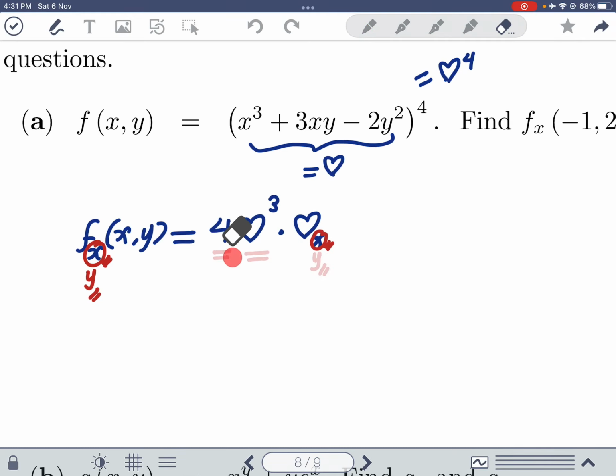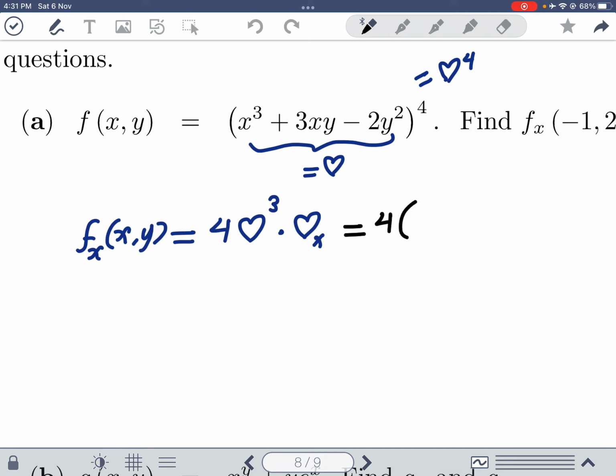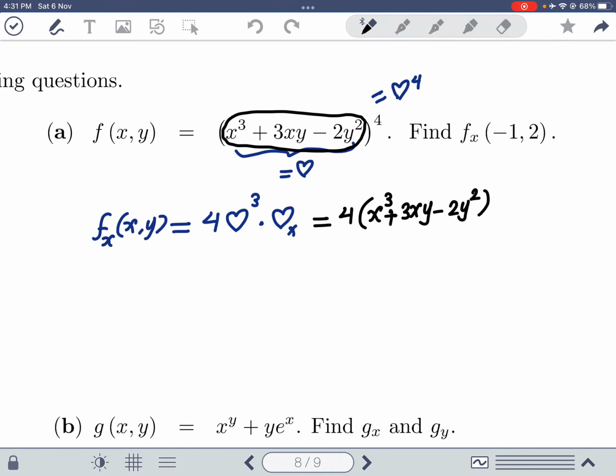So, yeah, let's go back and just evaluate and finish this part, because this is actually a very simple question. So now this will be 4, and now heart, we called this heart, the stuff here. So it's x cubed plus 3xy minus 2y squared, that's heart, to the power 3. You see, 4, we wrote it here, 4.